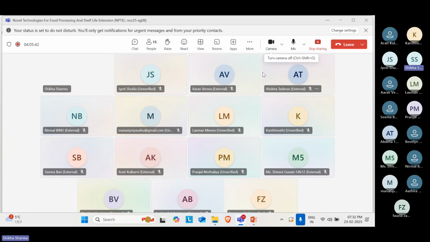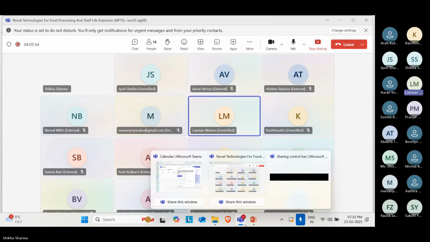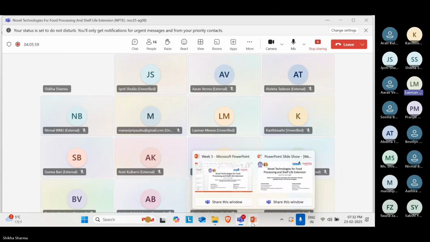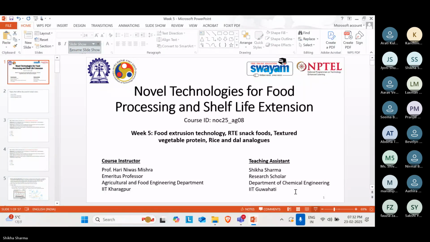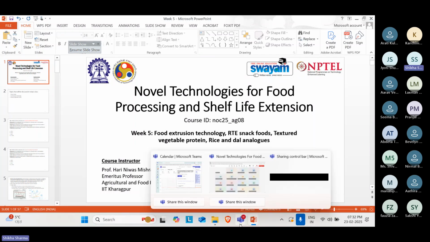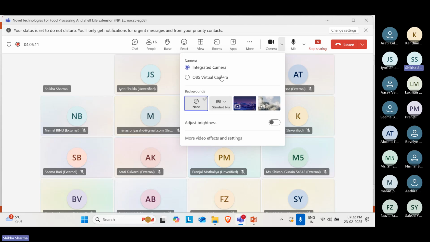See, I am trying to start the camera, but I don't know why it's not showing. It's okay, let's start. Maybe I can try this one, the OBS version, if it's working.